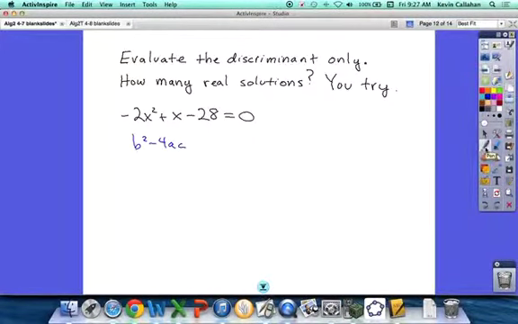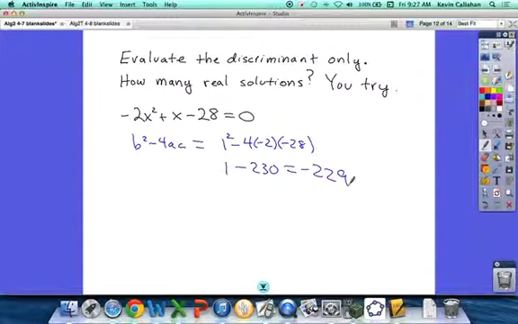B squared minus 4ac equals 1 squared minus 4 times negative 2 times negative 28, which is 1 minus, because a minus times a minus makes that a plus, and 2 times 28 is 56. 4 times 56 should be 224, if I'm right. 56, 4 times 50 is 200, 4 times 6 is 24. So 1 minus 224 is negative 223. So that's the evaluate the discriminant part.